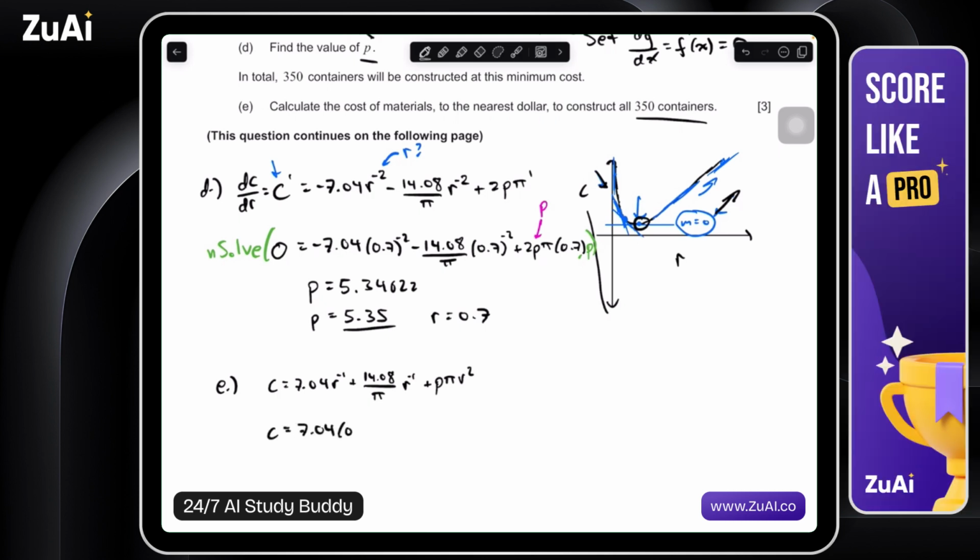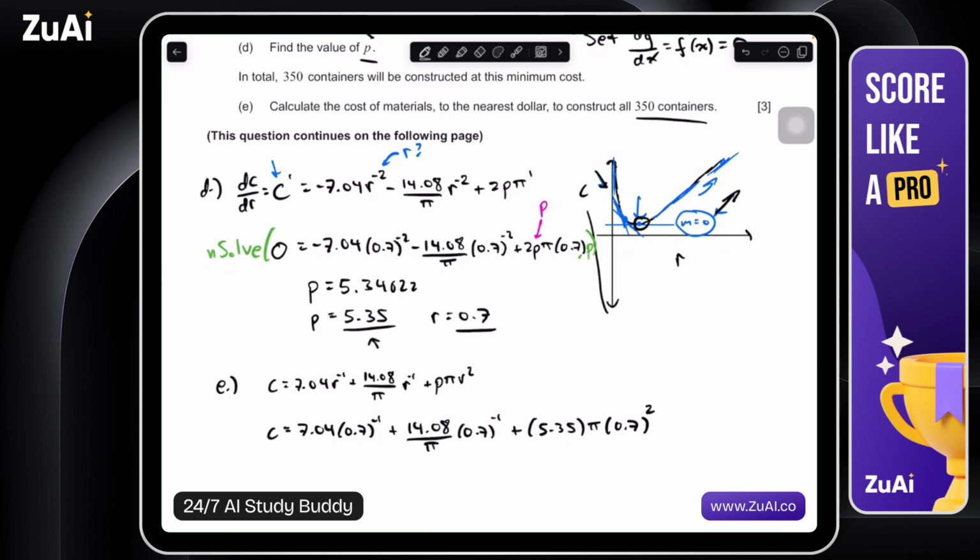7.04 R to the power of -1 with R equal to 0.7, plus 14.08 over pi times R, again 0.7, plus P, which we found out was 5.35, times pi, and then this is just inputting this value of 0.7 once again.